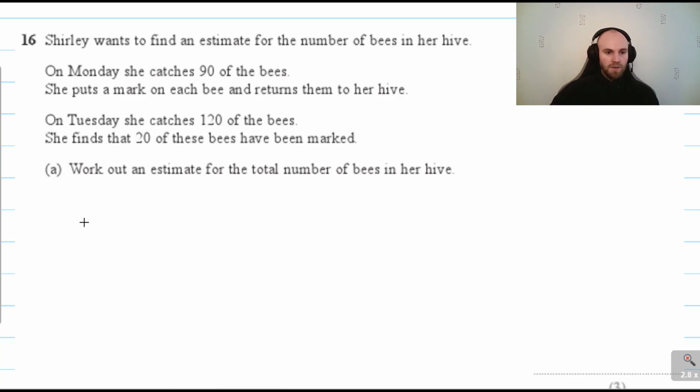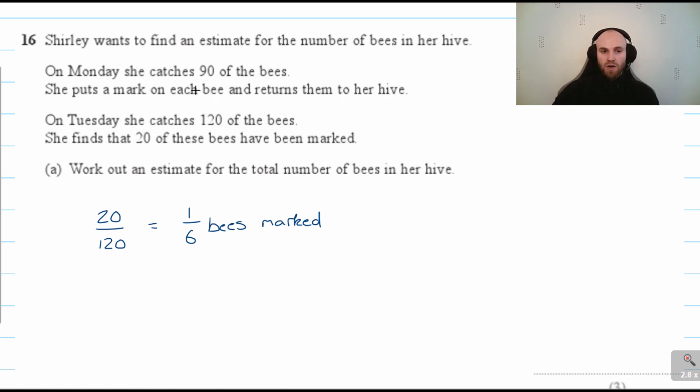On Tuesday she catches 120 bees and 20 of them have been marked, so 20 over 120. If we divide it all by 20, that is 1 in 6 bees marked after marking them on Monday.